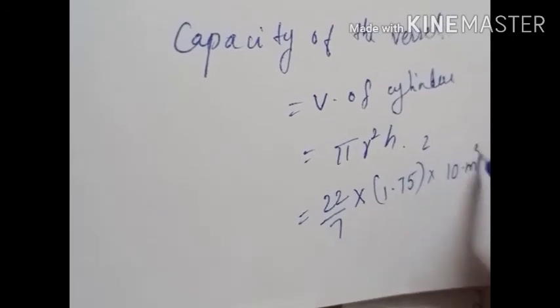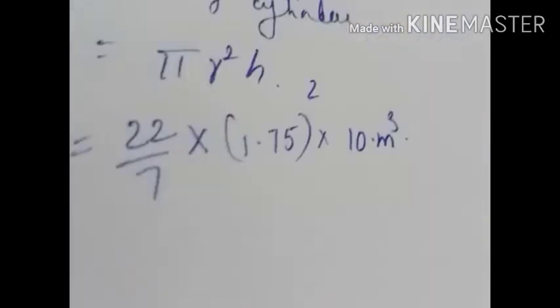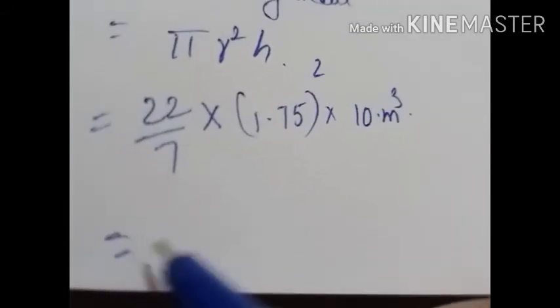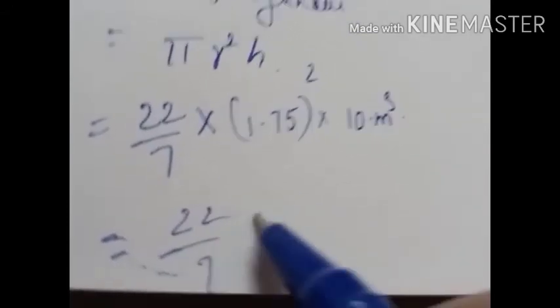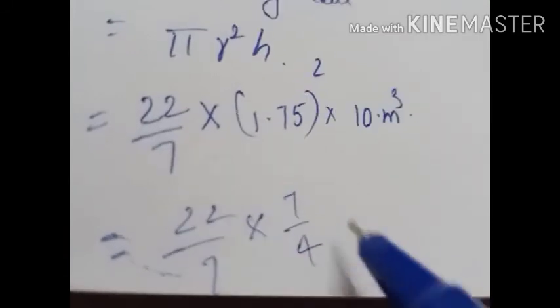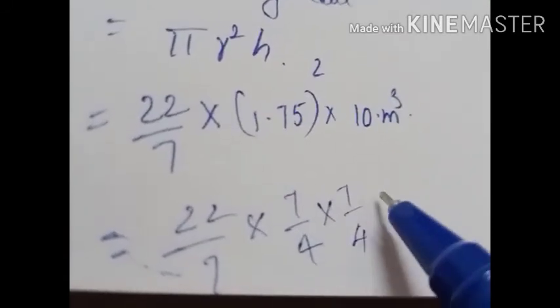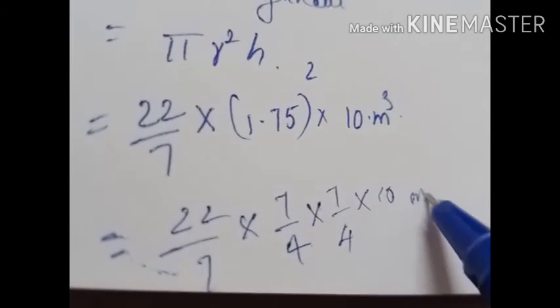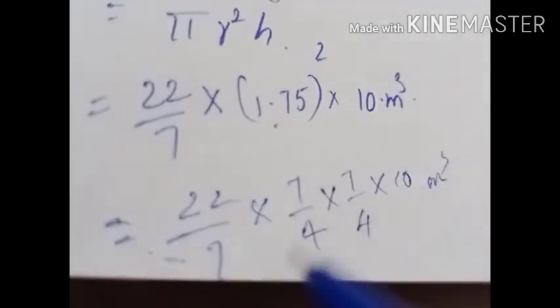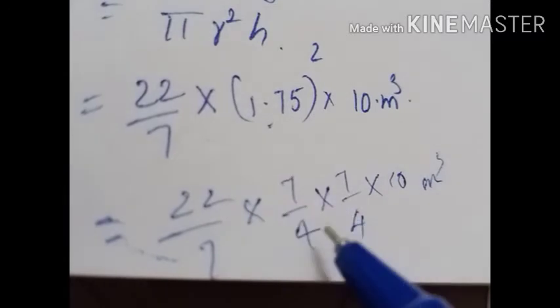So this much meter cube. For easy calculation we can substitute the value of R as 7 by 4 also. So 7 by 4 square means 7 by 4 into 7 by 4 into 10. This also you can use, but here it is easy to use 7 by 4.